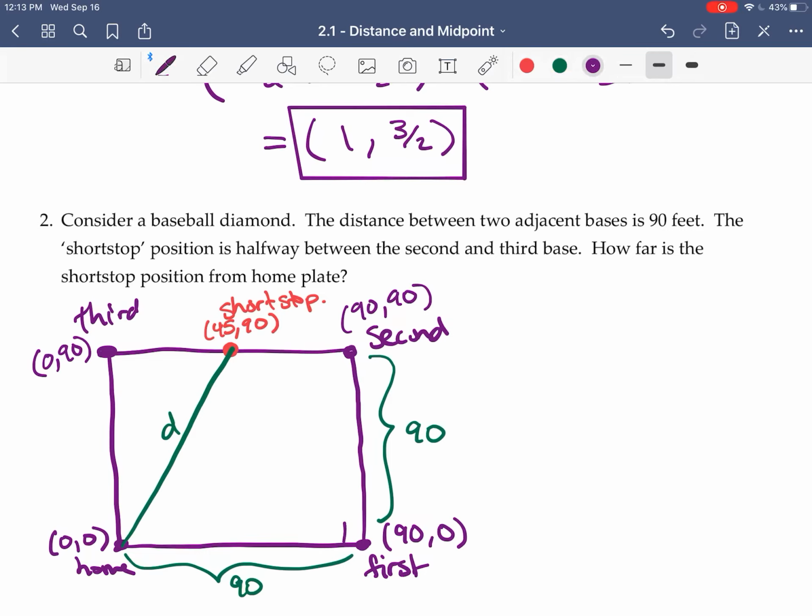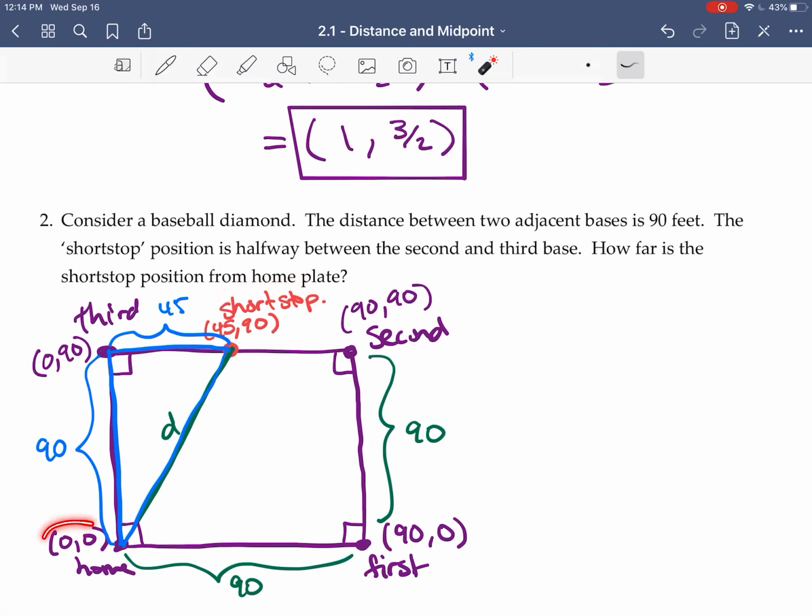Now these are all right angles here. So to find D, we can use this triangle here. It's a right triangle, and this side has length 45, and this side has length 90. Or you could do just this position to this position.